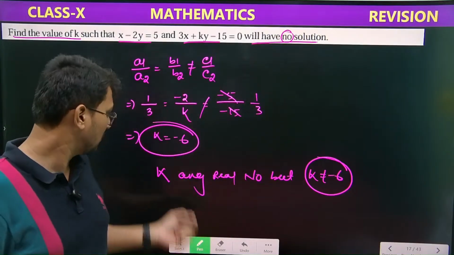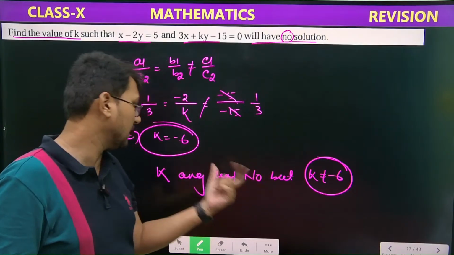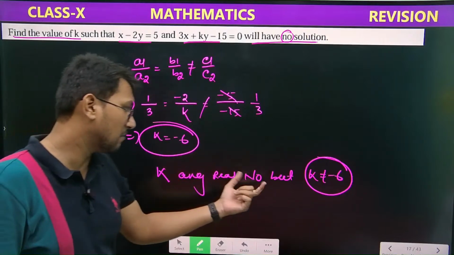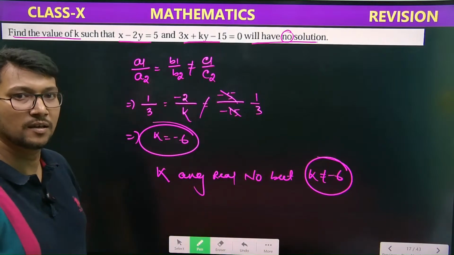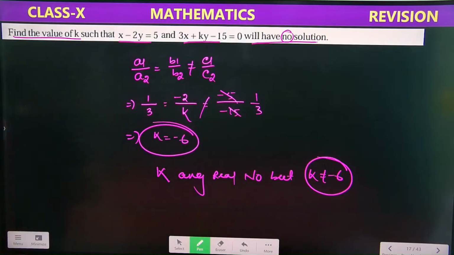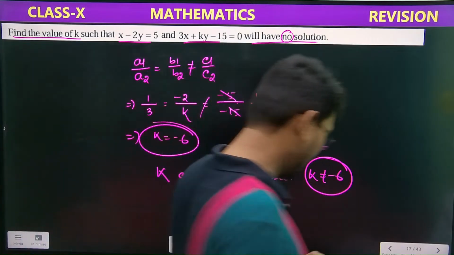When is there no solution? For any real value of k except -6. Done, everyone? Solved or not? Tell me. k is not equal to -6. Yes, very good. Right answer.